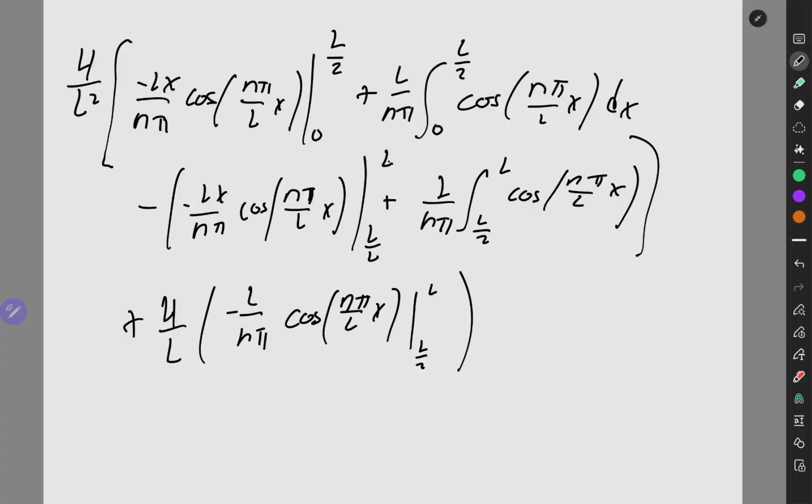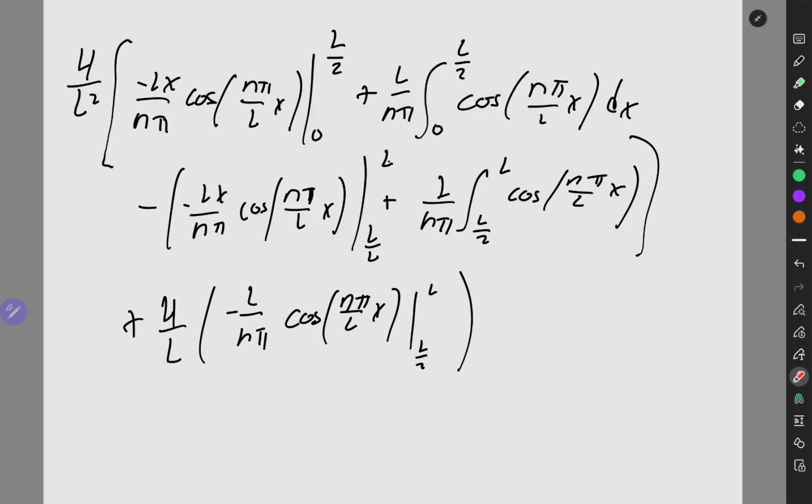So there's that. The reason why this sucks is because typically we go from 0 to L, and then this integral would cancel out because sine of n pi is 0. But unfortunately, it does not. Oh, man.